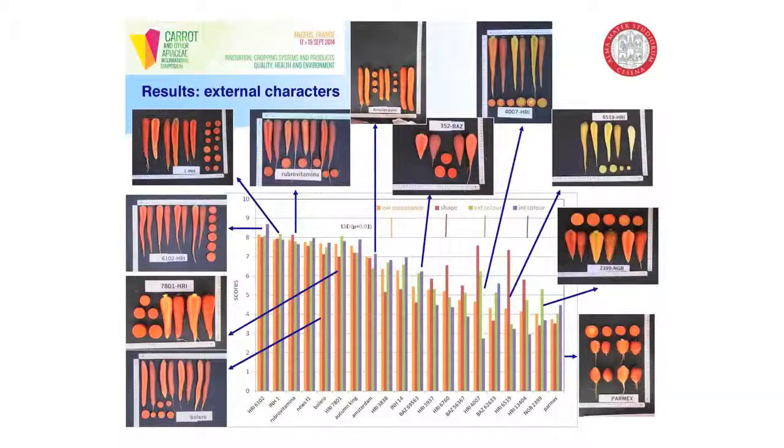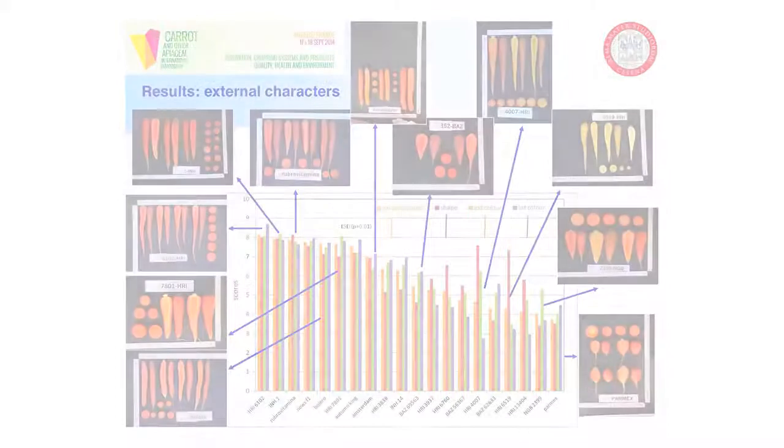Consumers at this time were not acquainted with, and not very attracted by, this yellow color, and this is the same for this type. And you see that these short and flat types were not very well rated for overall external acceptance.